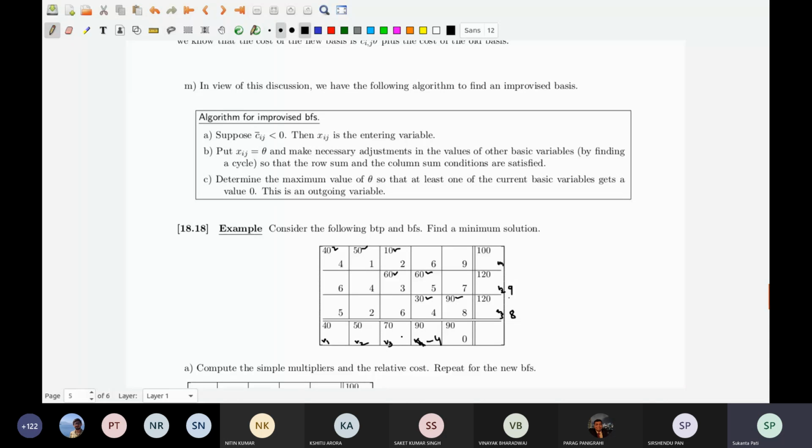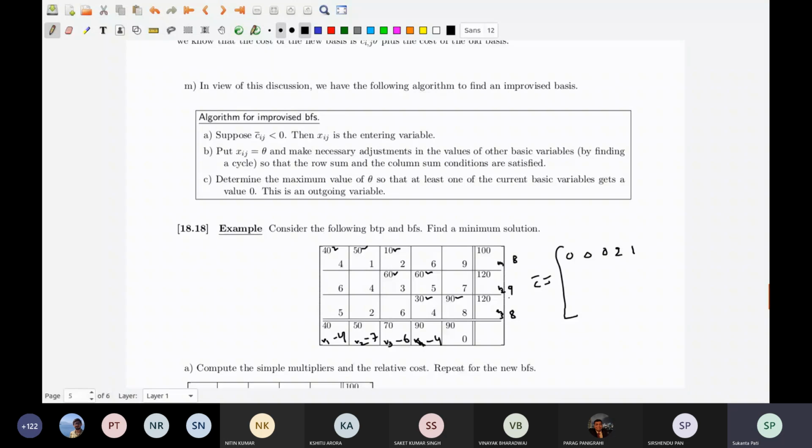Because it is -6, this one is 2, I will have an 8 over here. 8, 1, this one is -7. 8, 4, this one is -4. So Ui, Vj computed. Now the C bar, the relative cost matrix: 0, 0, 0, 6 minus 8 plus 4, that is 2. 9 minus 8 minus 0, 1.